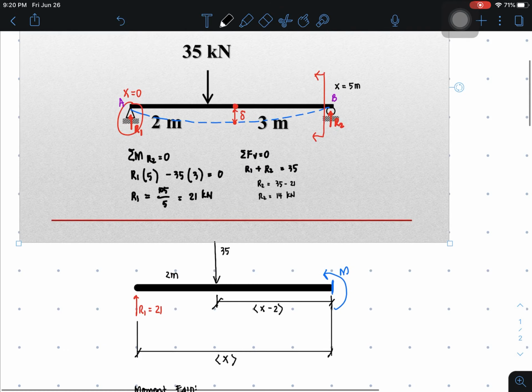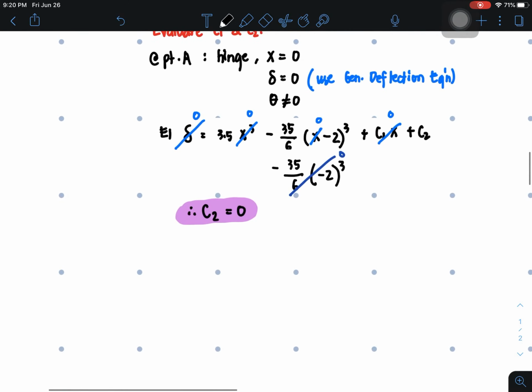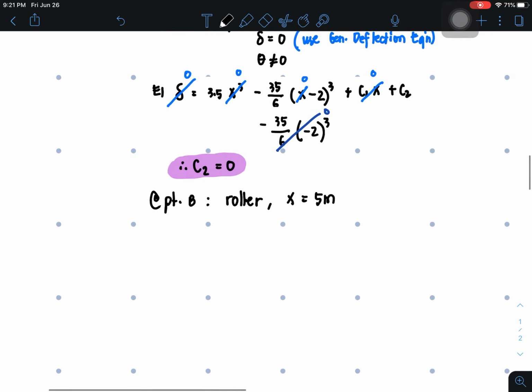So at point B, there is a roller, and that is at x equal to 5 meters. For a roller, it gives us a deflection equal to 0, but the slope is not 0.